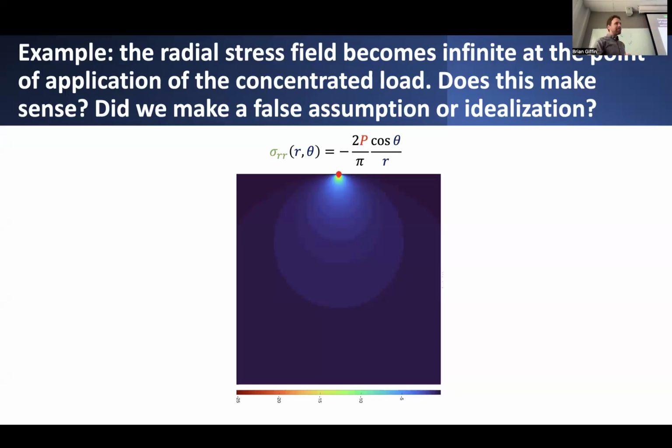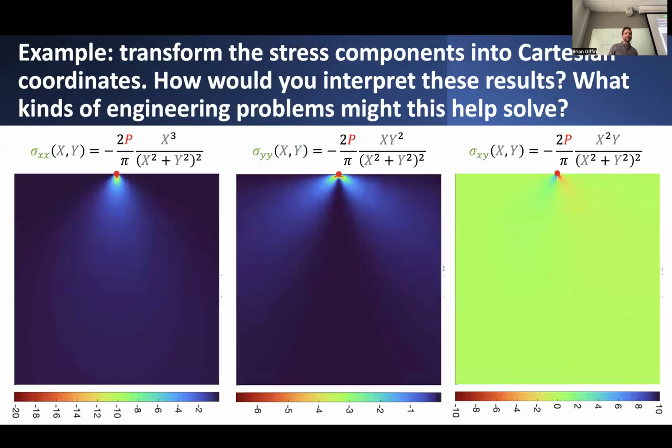All right. You can represent this in terms of cylindrical polar coordinates and representing the radial coordinate, or we can transform everything into our classical x, y, and z coordinate frames to look at what is the distribution of xx stress. A little bit confusing because I've actually defined my coordinate frame such that x is pointing straight down and y is actually pointing horizontally.